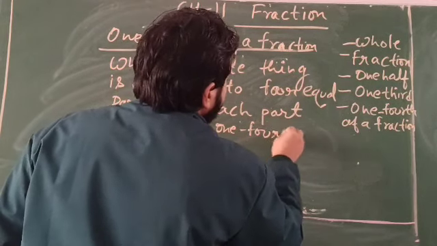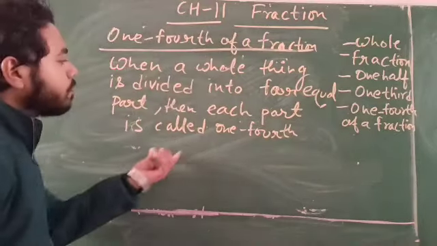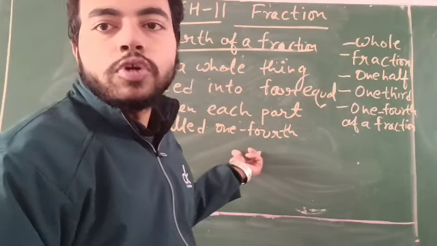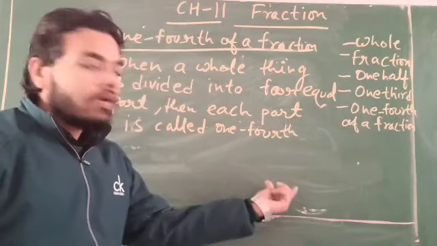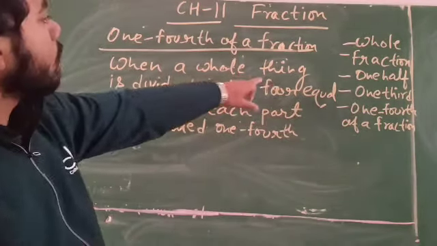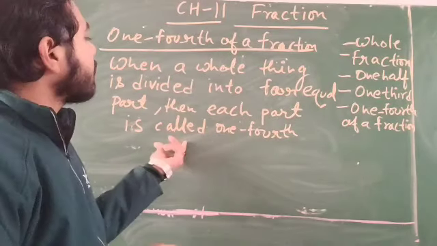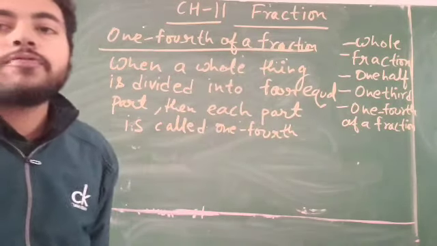Each part is called 1/4. When a whole thing is divided into 4 equal parts, then each part is called 1/4 of a fraction.